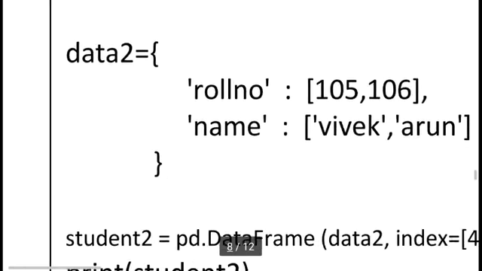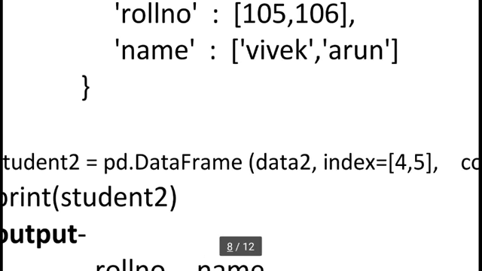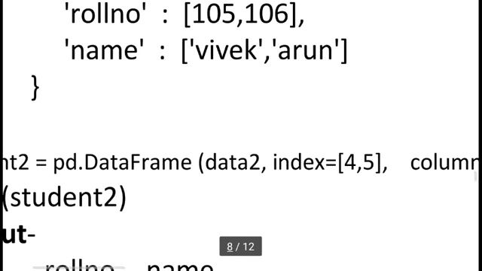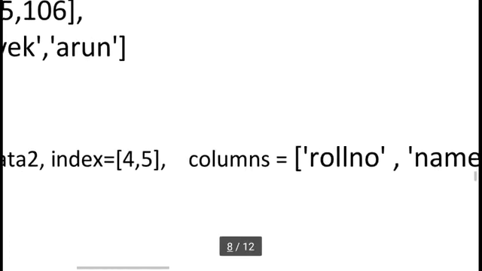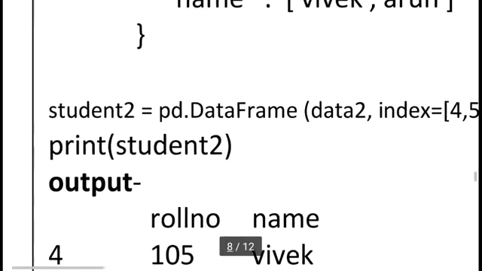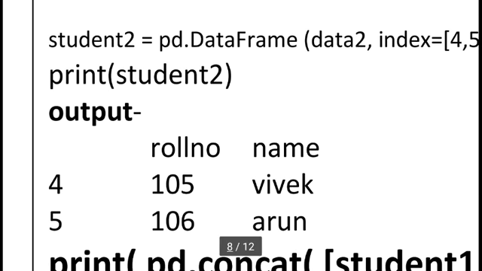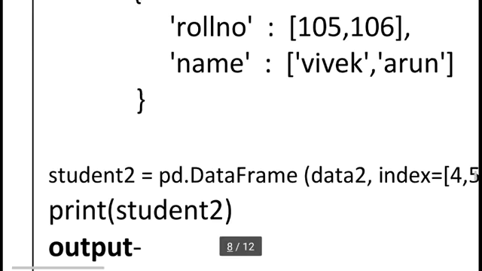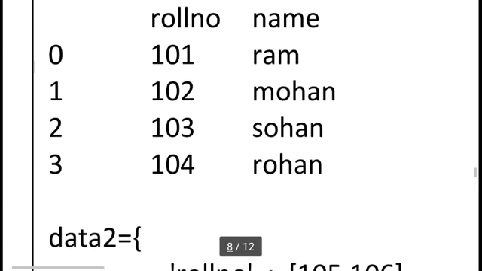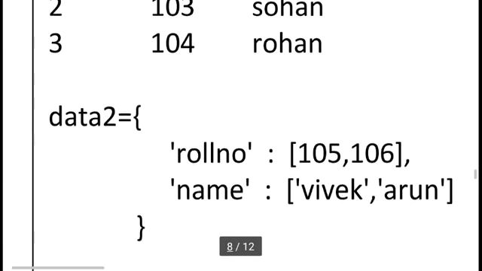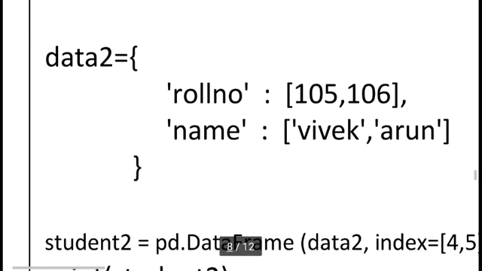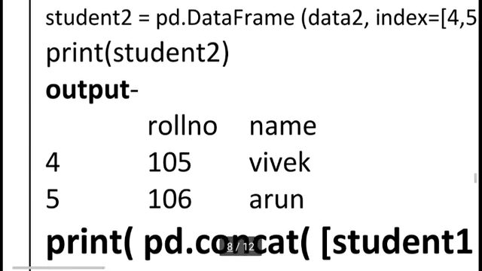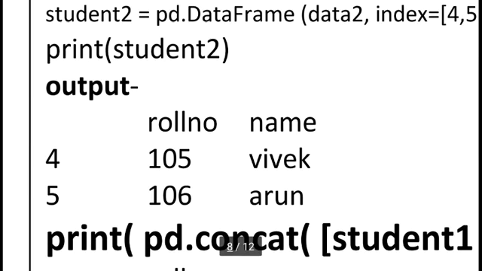Student 2 is pd.DataFrame data 2, index 4, 5, and we use columns roll number and name, and we can print student 2. But these two rows and the last 4 rows I want to join row by row. So our main purpose is to join both data frames row by row.